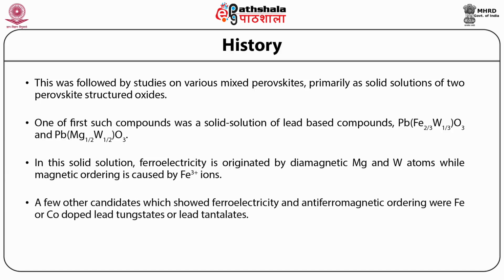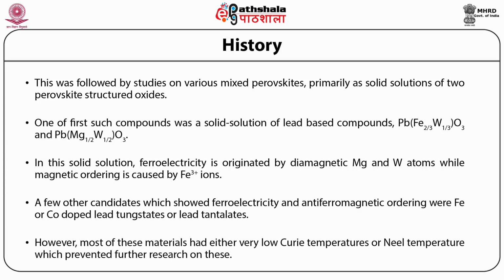A few other candidates which showed ferroelectricity and antiferromagnetic ordering were iron or cobalt doped lead tungstates or lead tantalates. However, most of these materials had either very low Curie temperatures or Néel temperatures, which prevented further research on these.